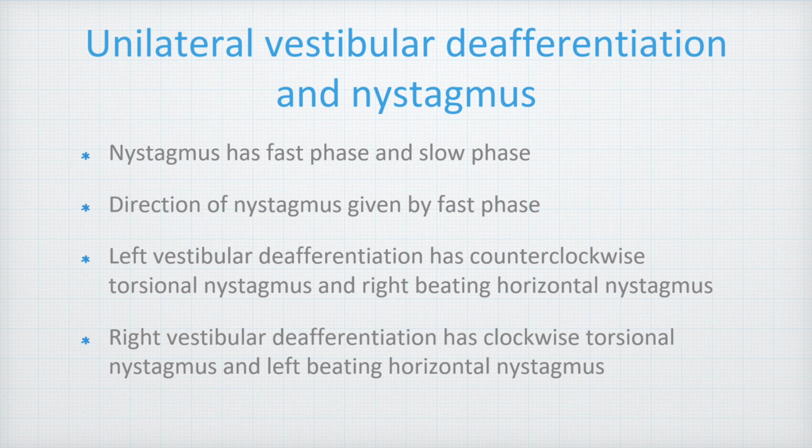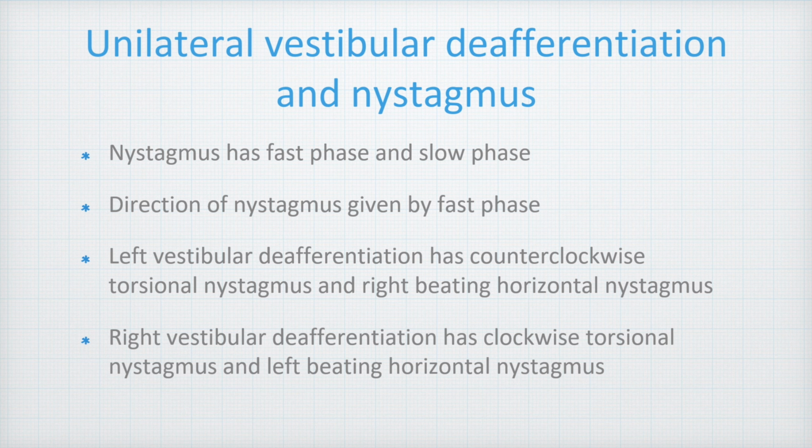How do you understand if nystagmus is of the right beating type or the left beating type? You can understand it by the two phases of nystagmus. The eyeball can move towards the disease side. This usually is a slow phase, a slow movement of the eyeball to the disease side, and there is a rapid corrective motion to the normal side, or the non-disease side.